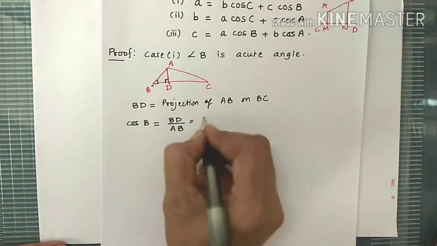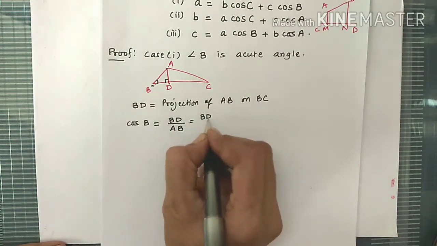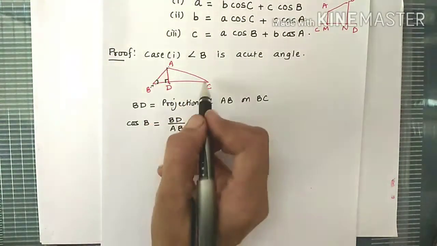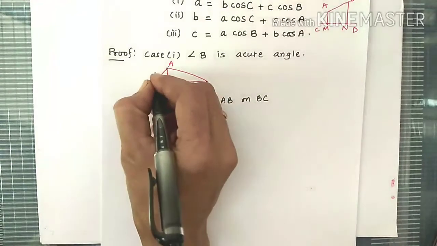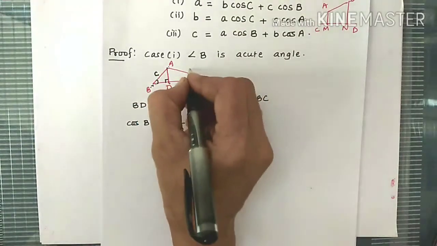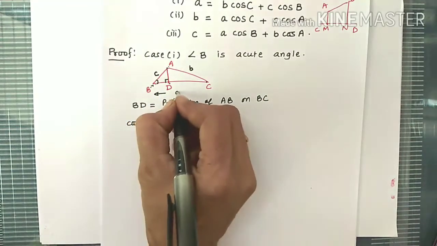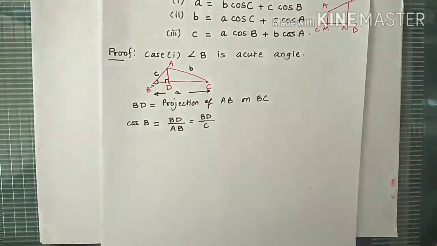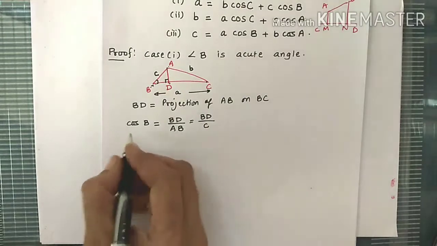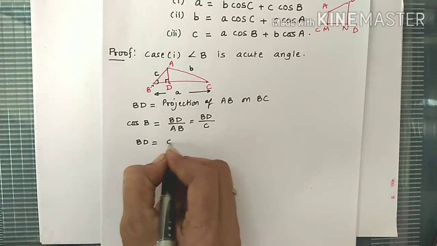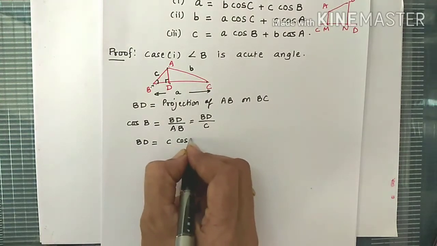But AB is denoted by small letter c. By our convention, AB is opposite to angle C. It is denoted by c. And AC is small letter b and BC is small letter a. Okay. So cross multiplying, we get BD equal to c cos B.